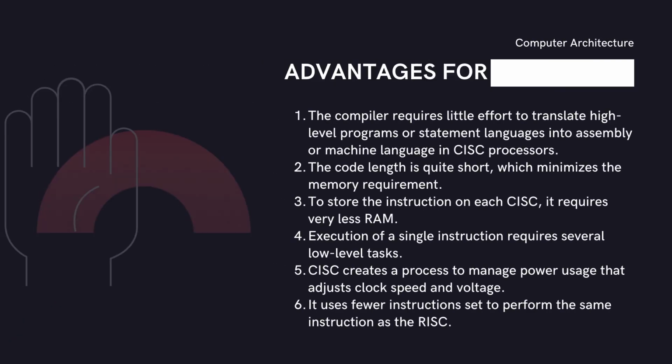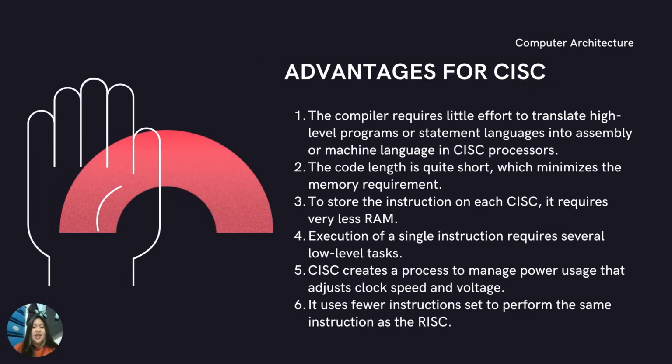And next, the advantages for CISC. So first, the compiler requires little effort to translate high-level programs or statement language into assembly or machine language in CISC processors. Second, the code length is quite short, which minimizes the memory requirement.